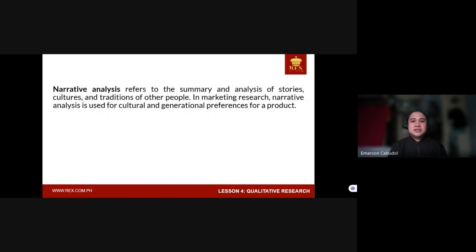Narrative analysis is a qualitative approach that focuses on interpreting the stories, cultural backgrounds, and traditions of individuals or groups. In marketing research, this method is used to understand how cultural or generational narratives influence consumer preferences, purchasing behaviors, and brand perceptions.